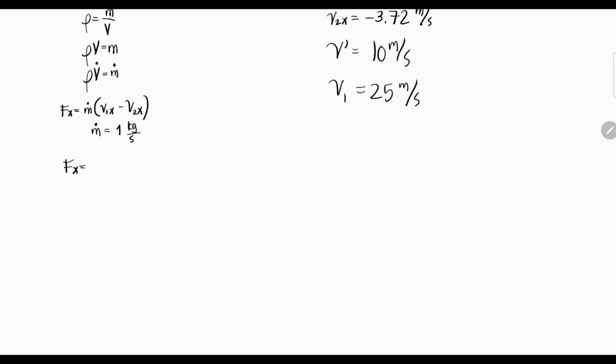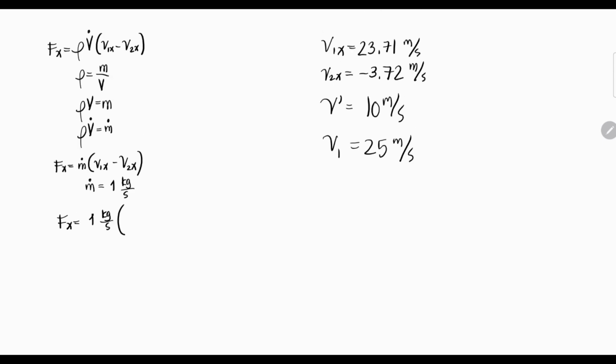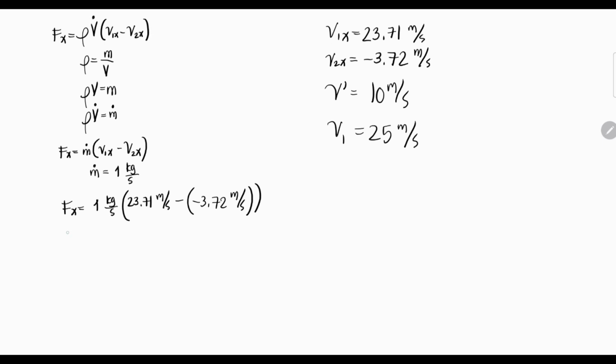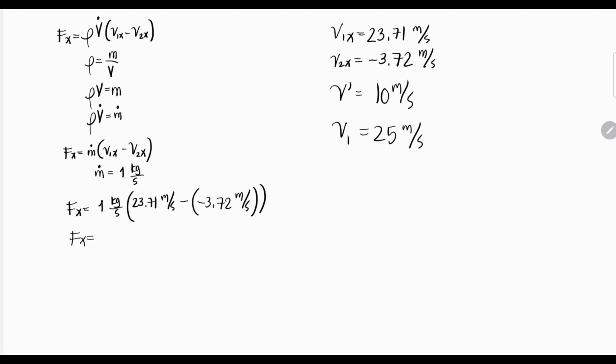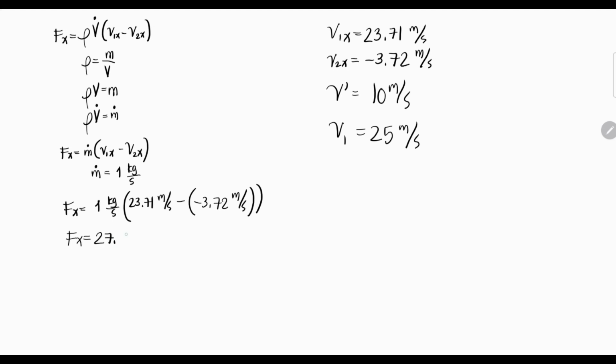F of x is equal to 1 kilogram per second multiplied by v1x, that is 23.71 meters per second, minus the value of our v2x, which is negative 3.72 meters per second. So F of x is equal to 27.43.